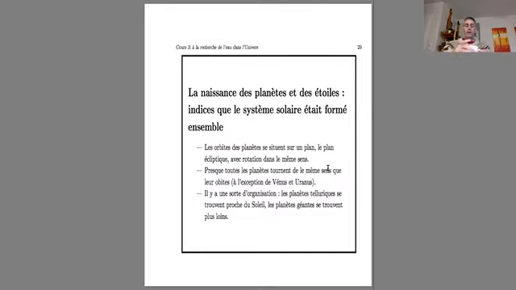So not only is Mercury going around in this sense, but Venus is rotating in the same way, and then Earth. It's not that Mercury is going this way and then Venus is going the other way. No, they're all rotating around the sun in the same sense. So that's another strong indication.